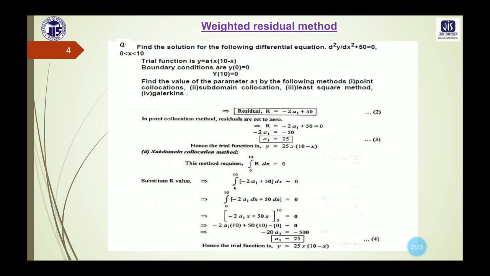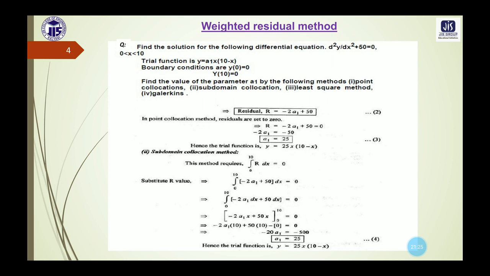Let us discuss the second numerical. It says: find the solution for the following differential equation, d2y/dx2 plus 50 equals 0, and the value of x is within 0 to 10.